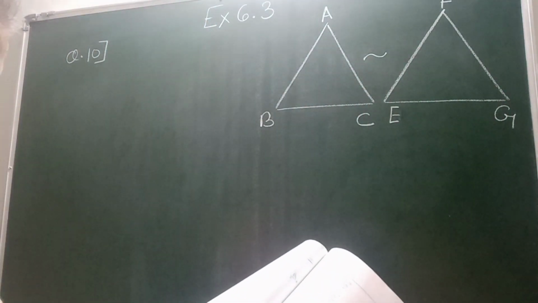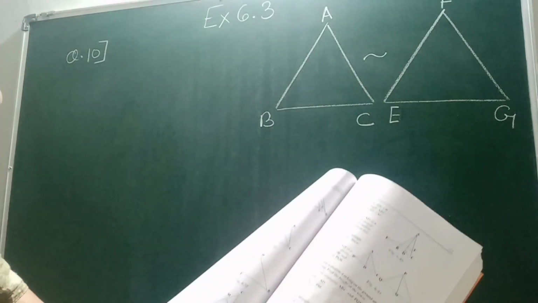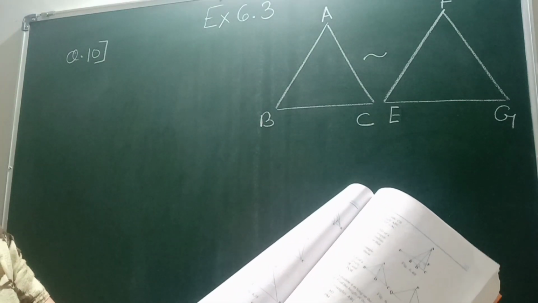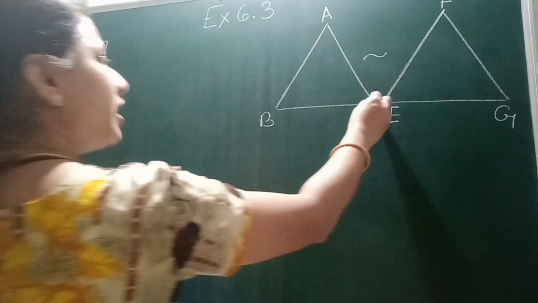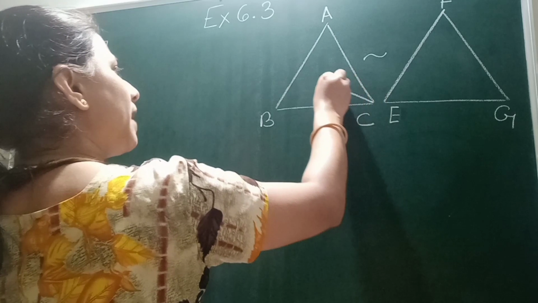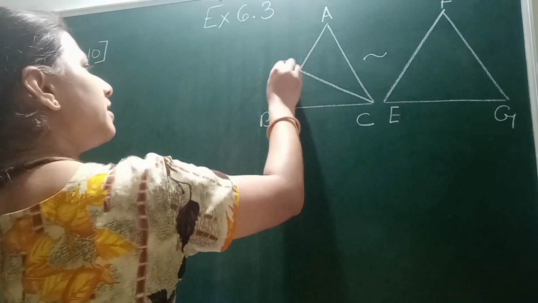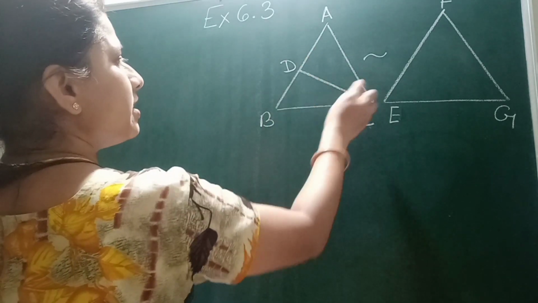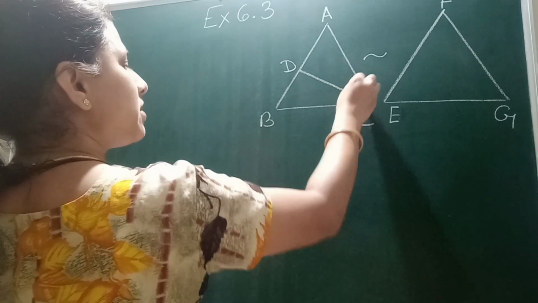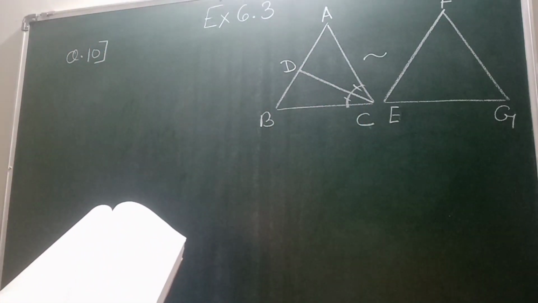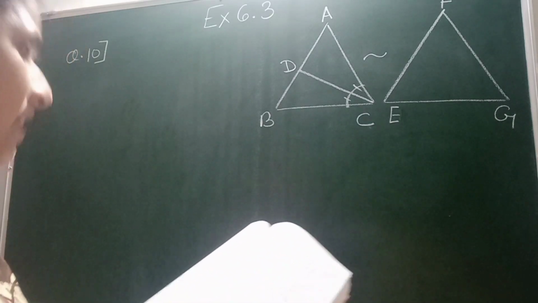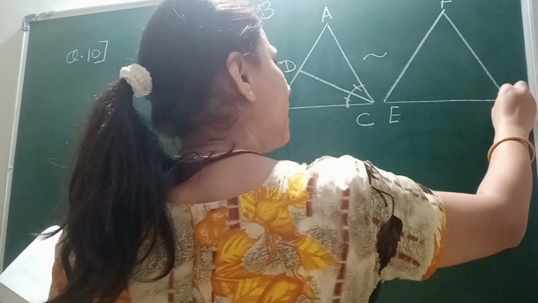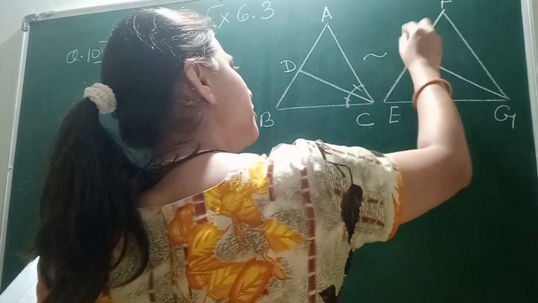And what is given is that CD and GH are respectively the bisectors of angle ACB and angle EGF. Now we will make the angle bisector of angle C. CD is the angle bisector, it means CD will divide angle C into two equal parts. Similarly, we will make the angle bisector of angle G also.